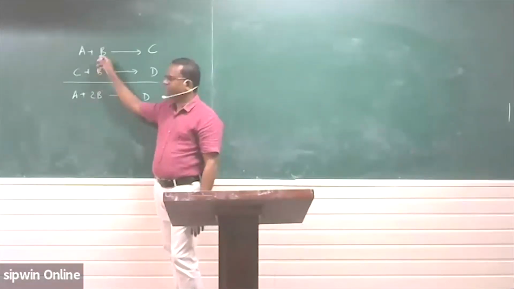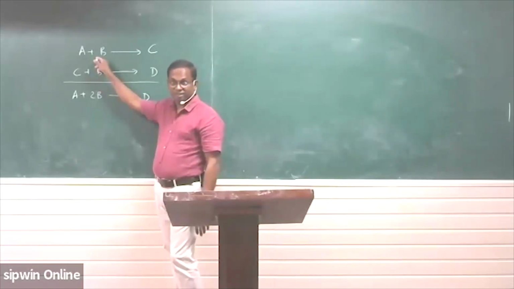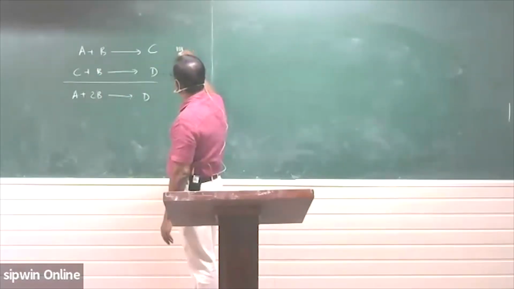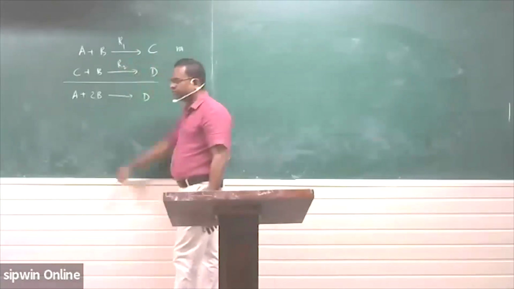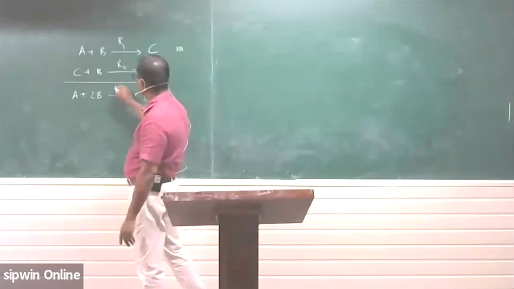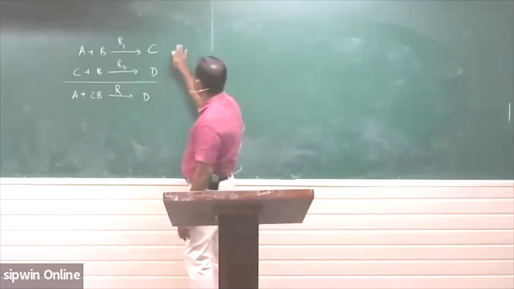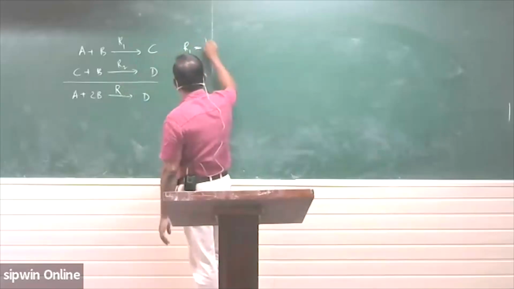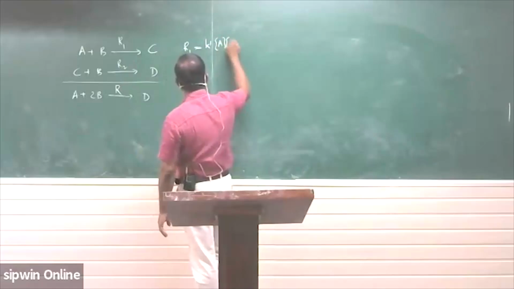The reason is this one is an elementary step, and this one is an elementary step. Because this one is an elementary step, for this one I can write the rate law. Here I will take them as R1, R2, and the overall reaction rate as R. Rate 1, I can write K dash times A concentration times B concentration.